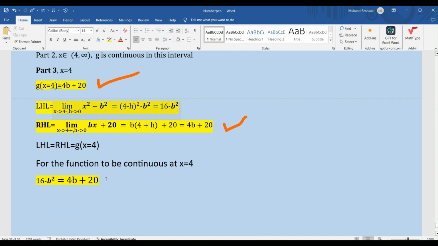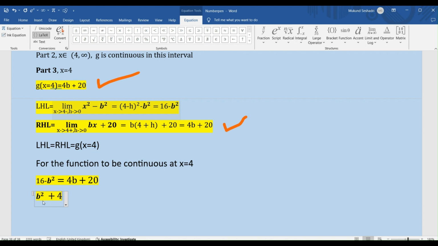And what is that condition? 16 minus b squared equals 4b plus 20. And I do a simple rearrangement of this equation. I'm left with b squared plus 4b plus 4 equals 0. And what does this mean? This is nothing but b plus 2 the whole squared, right?